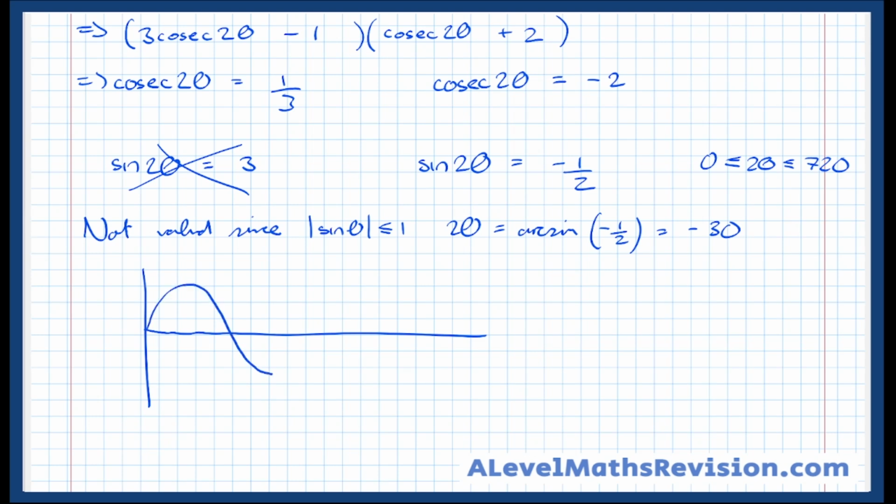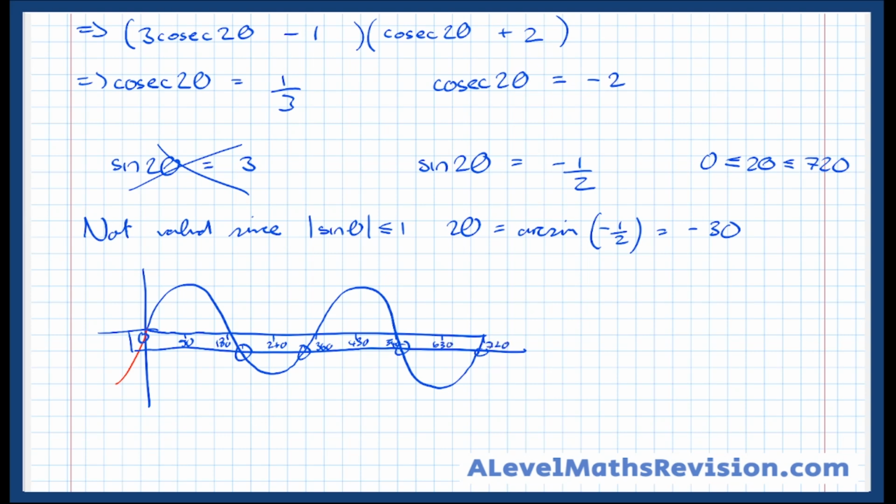And we want all the solutions in line with minus 30 that lie between 0 and 720. So 2 cycles of the sine graph, like that. And I can see that minus 30 isn't on that graph, so I need to extend it a little bit, and roughly minus 30 is about there, so we want all the solutions in line with minus 30. So 0, 90, 180, 270, 360, 450, 540, 630, and 720.